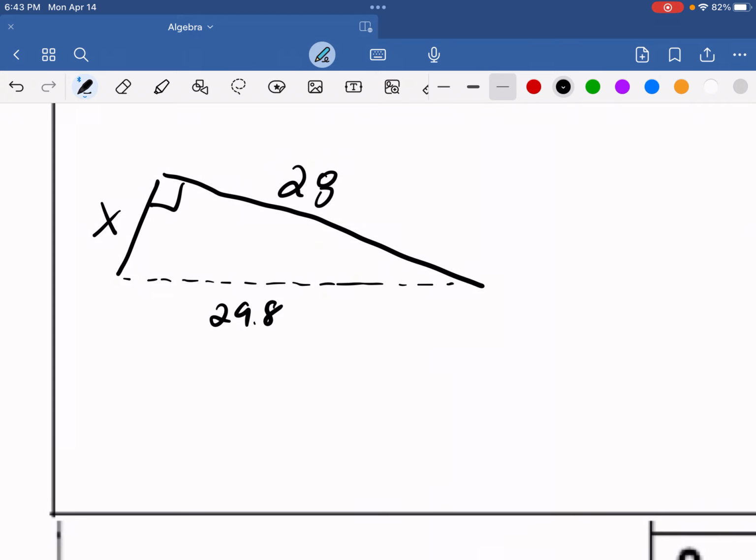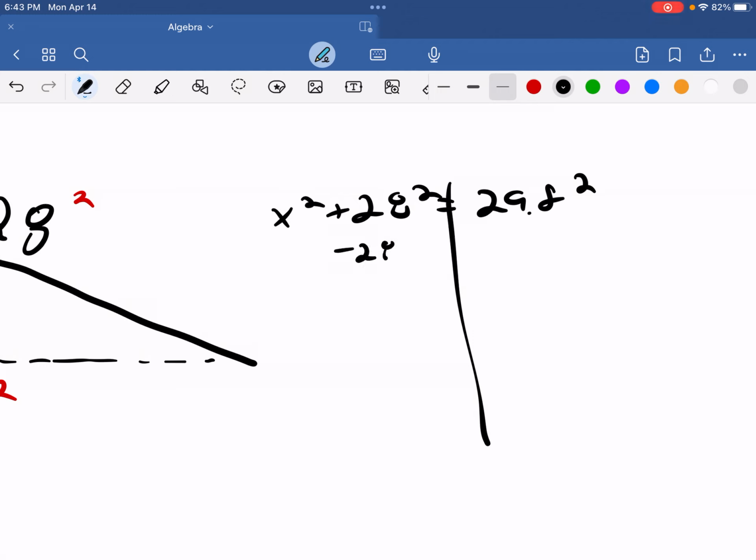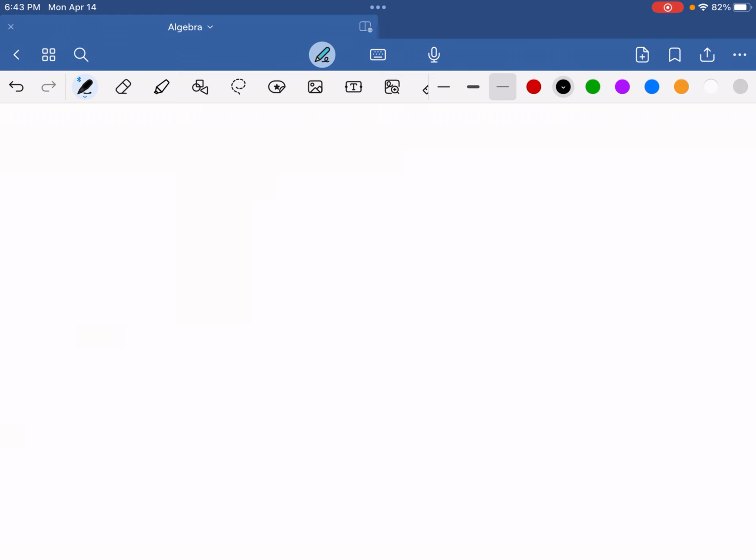So 29.8. Now we square all of them, because with the Pythagorean theorem, we have a right triangle. So the formula would be x squared plus 28 squared equals 29.8 squared. And then we solve for x. We're going to subtract 28 squared. Plug it into your calculator: 29.8 squared minus 28 squared.